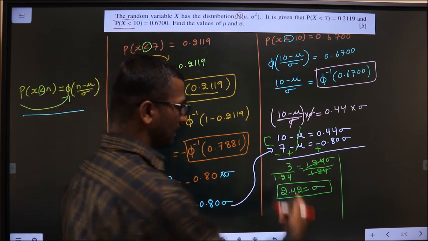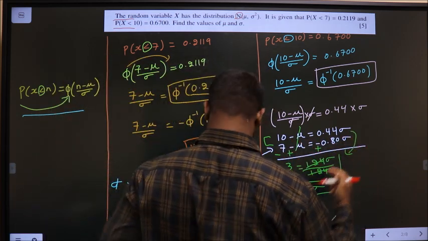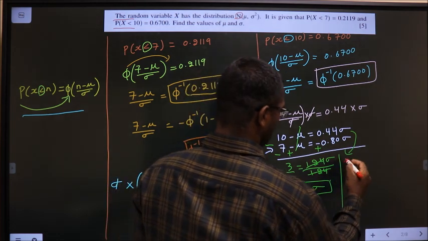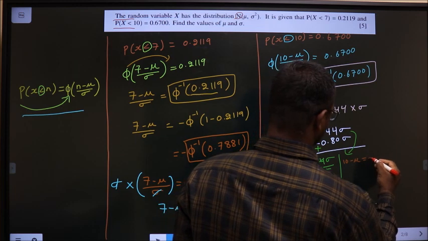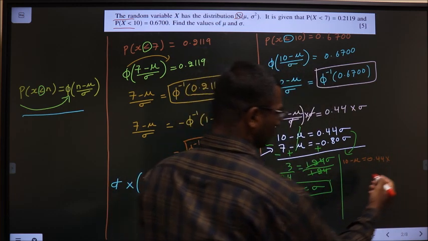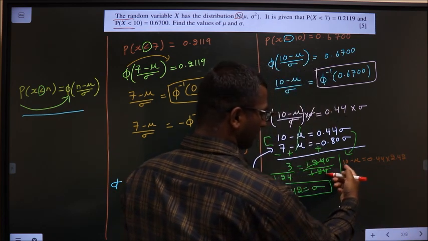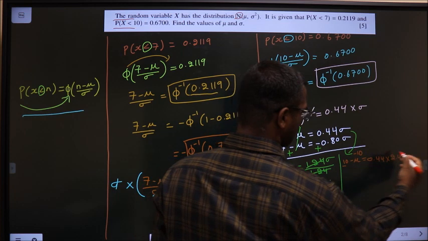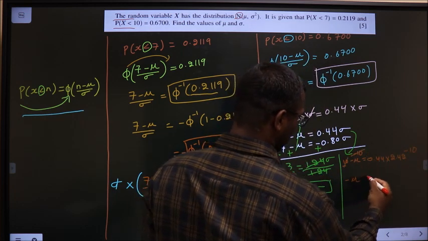Let us say I replace it in the first one. So 10 minus mean equal to 0.44 into standard deviation, 2.42. Now to get rid of 10, subtract 10 on both sides. So this gets cancelled. I get minus mean equal to.